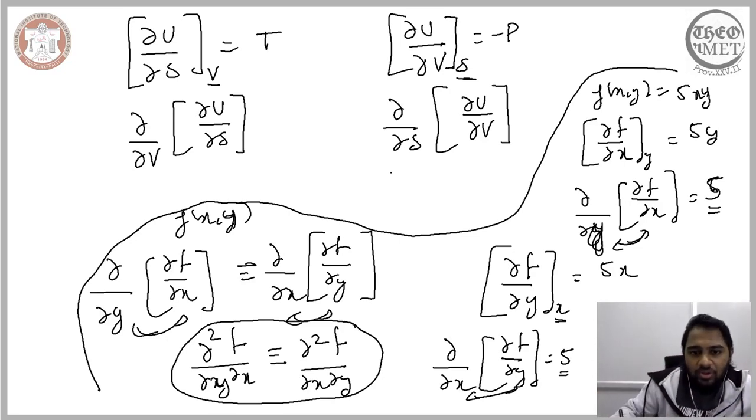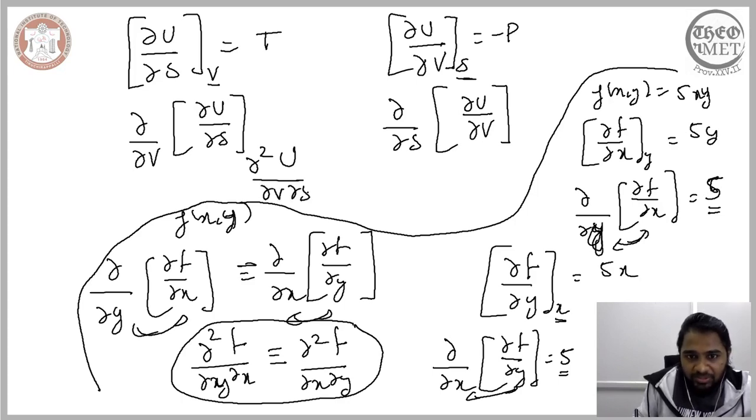So when you apply this numerical result to these thermodynamic functions, we end up having the second order derivative of the internal energy with respect to volume and entropy, which is equal to the second order derivative of internal energy with respect to entropy and volume.